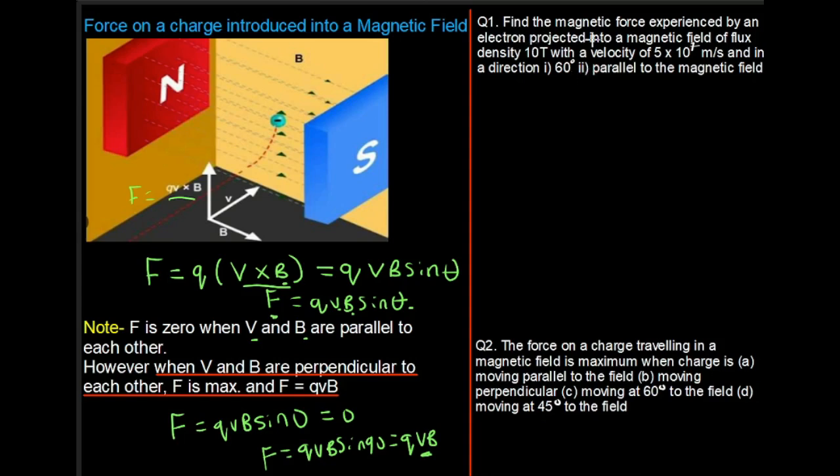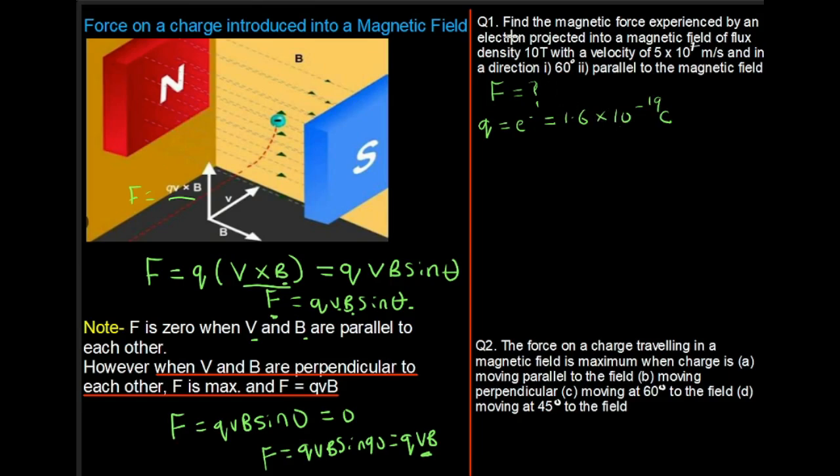Now to solve this question, they say find the magnetic force, so we are looking for the force, which is unknown. The force is experienced by an electron, so our charge here is an electron. An electron has a charge of 1.6 times 10 raised to the power of minus 19 coulombs. This is the magnitude of our charge.